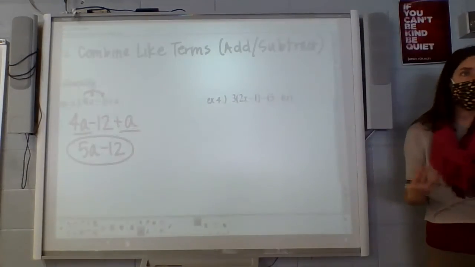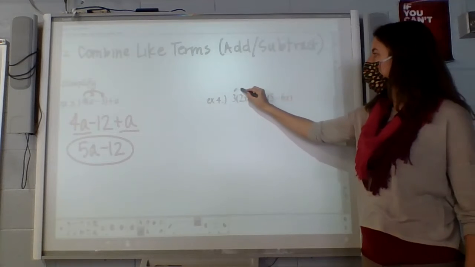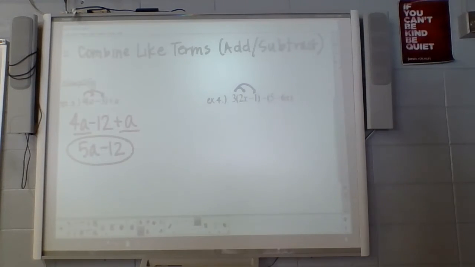This next one has two sets of parentheses. So what's being distributed? 3, right? Right here is a 3. But how about the second half? Anyone know what's being distributed? It's kind of a tricky one. Maybe a negative 1?